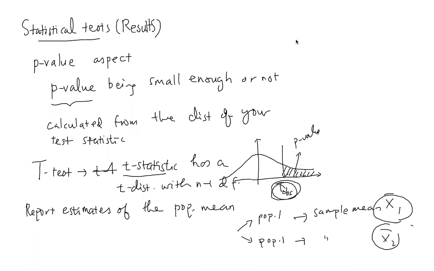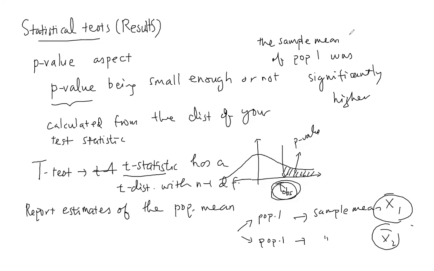So you might want to say, for example, that the sample mean of population 1 was significantly higher.